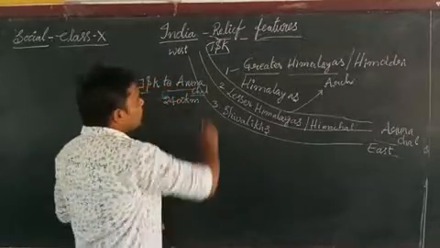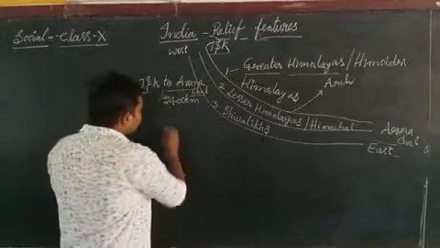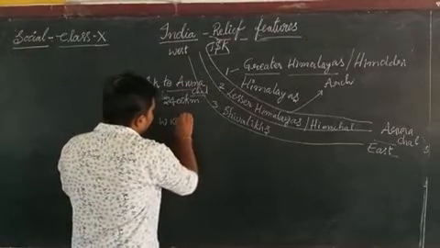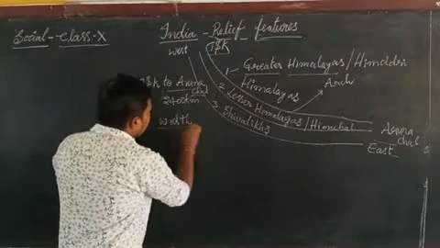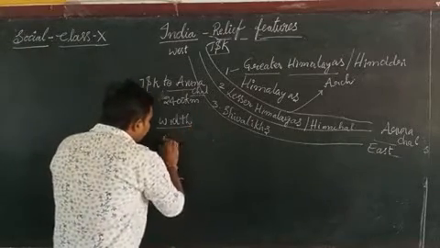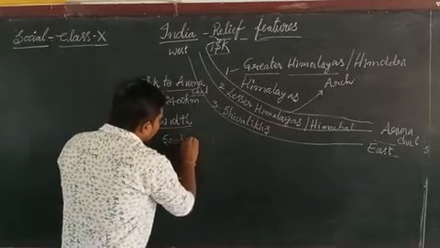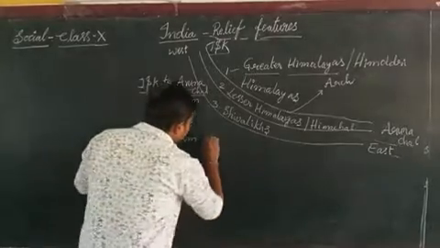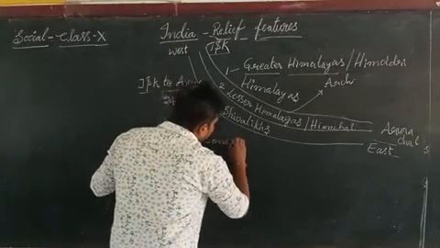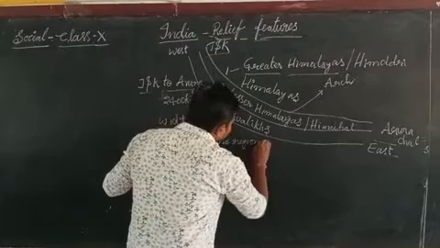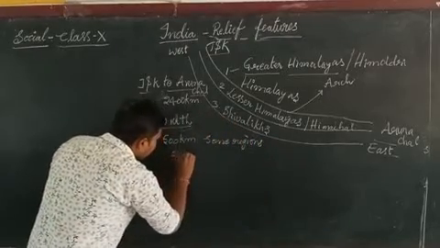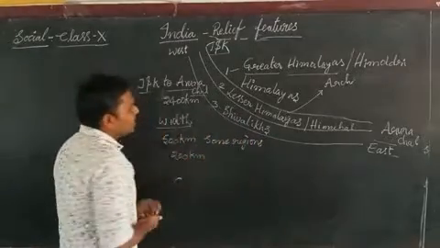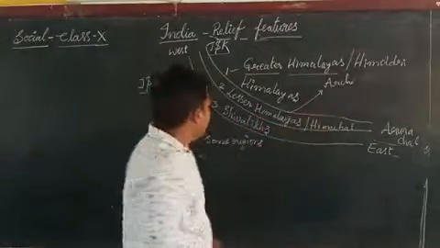Okay. The width of the Himalayas is around 500 kilometers in some regions, and 200 kilometers in some other regions.